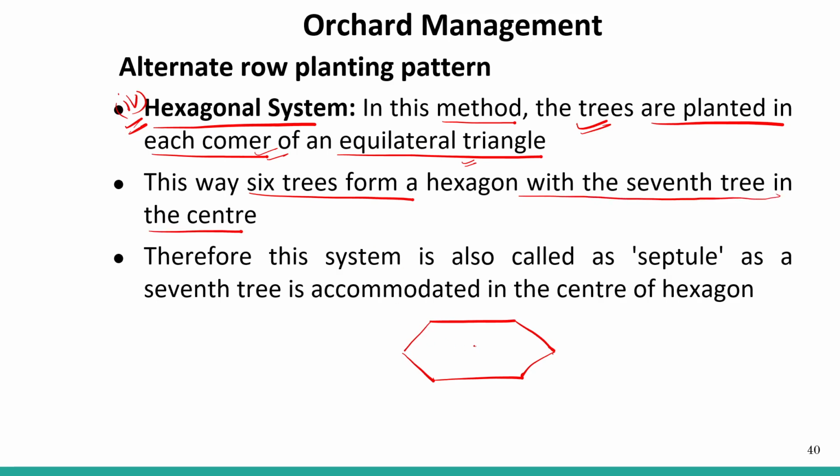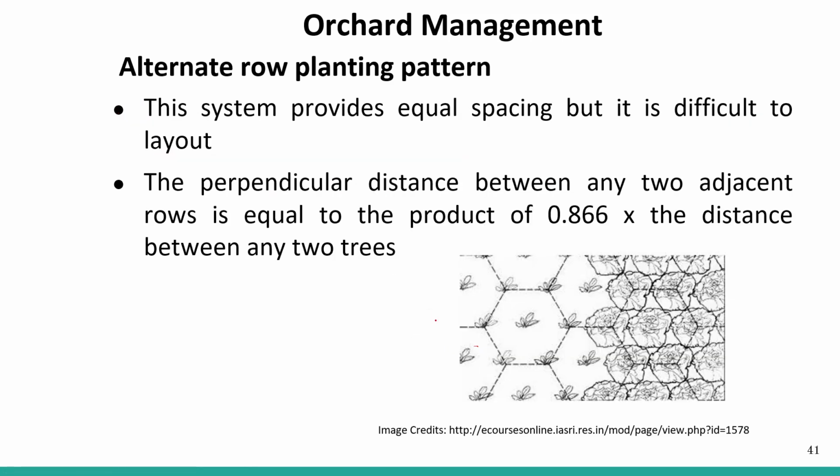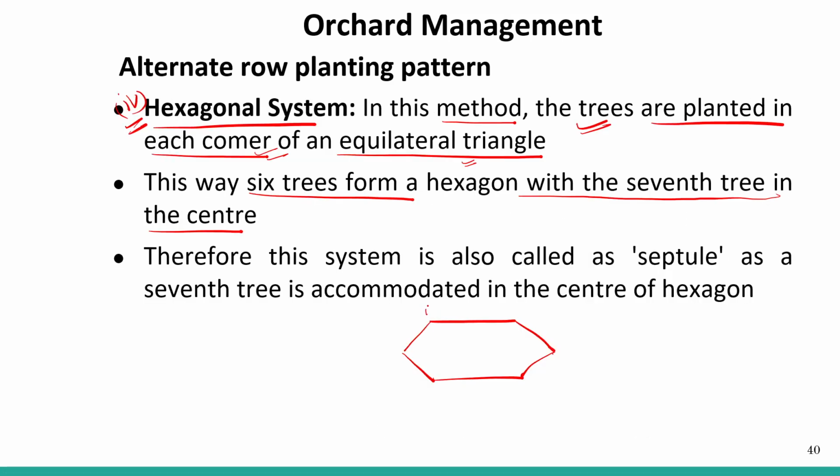So we can have it like this: one tree, 2, 3, 4, 5, and 6. And we can have the 7th tree in the center. So this way, 6 trees form the hexagon with the 7th tree in the center.